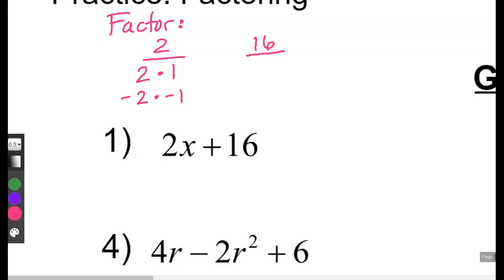In general, when we're just pulling out a GCF, we don't have to think about the negative factors, but you do when we're factoring quadratics. And then the factors of 16, name them for me. Just the positive ones. 1 and 16, 4 and 4, and 2 and 8. Good. What is the biggest factor shared by 2 and 16?